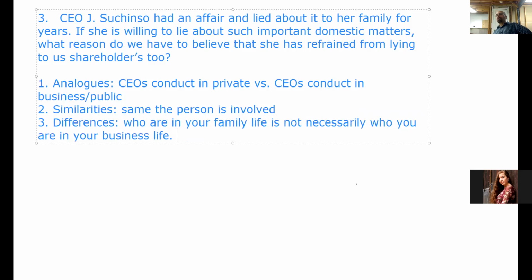People who took this approach are suggesting that there's a way bigger difference between how people act in private versus in public, and especially in business. Who you are at work, is that who you are at home? And many people thought, actually, no, you're very different people in those two places.